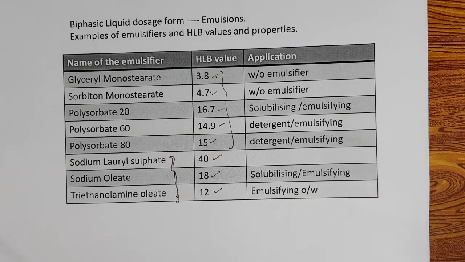For example, in soaps, the tail portion is the fatty acid and the head portion is COO minus. The fatty acid is lipophilic and the head is hydrophilic, so the balance between them is the HLB. When HLB is lower, less than 8, it is more oil soluble. The higher the HLB, the more water soluble it is, right?